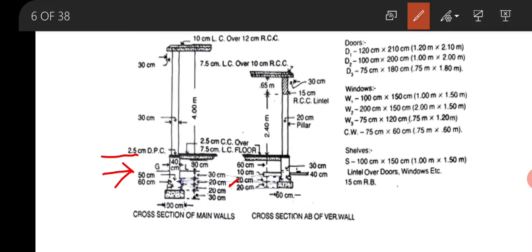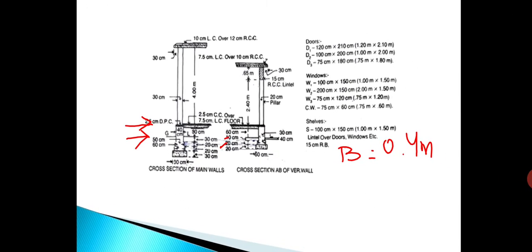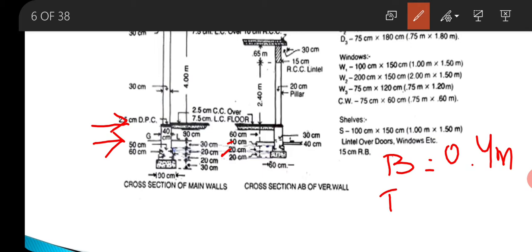Here this one is the plinth wall, which is of width 40 centimeter, that means 0.4 meter, and its depth is, this is 30 plus, so here the depth of the plinth wall is equal to, from this to this, from above the second footing, this is 30 plus 60.